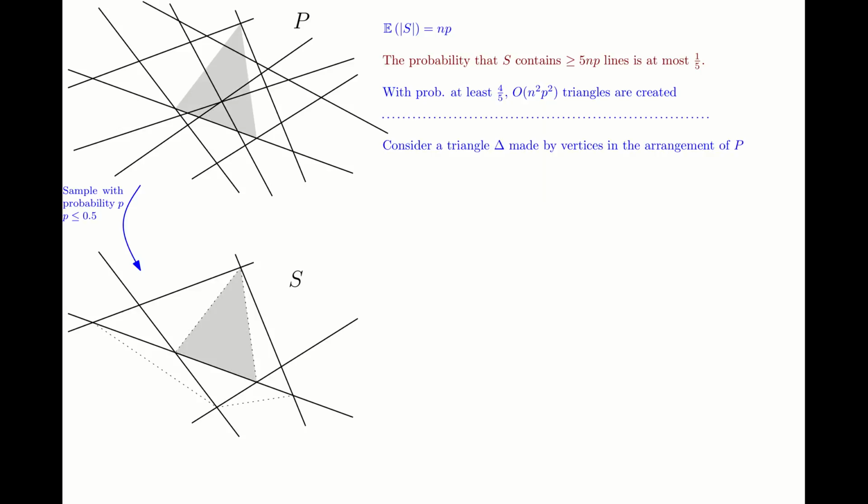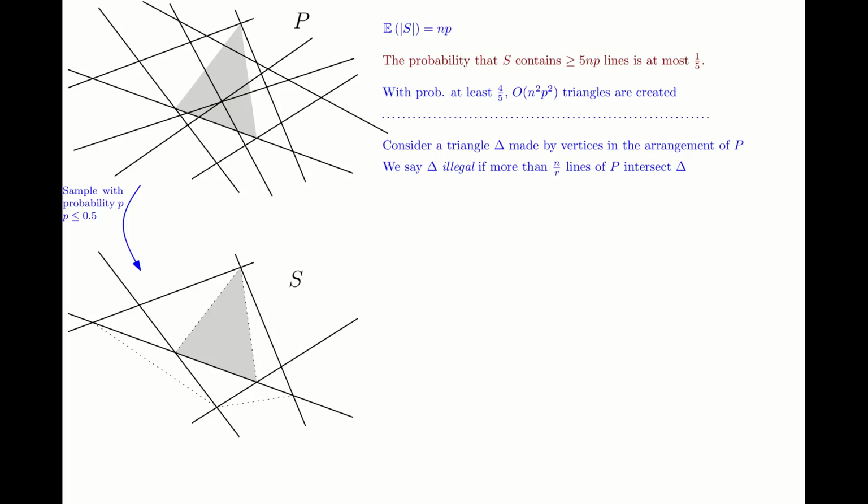Now consider a triangle in the original arrangement. The vertices of this triangle are vertices of the arrangement created by lines in P. We say this triangle is illegal if it crosses more than n/r lines of P. It is obvious that for our cutting to be a valid cutting, we should have no illegal triangles.